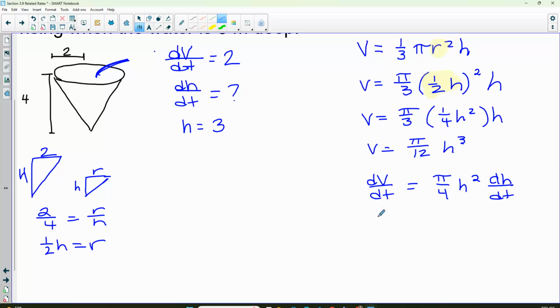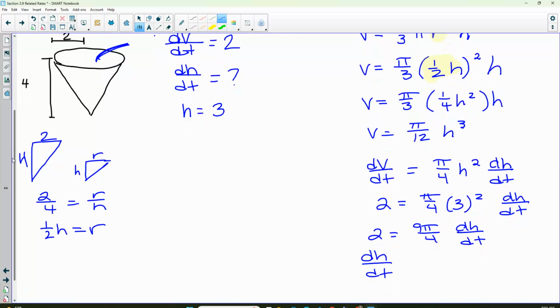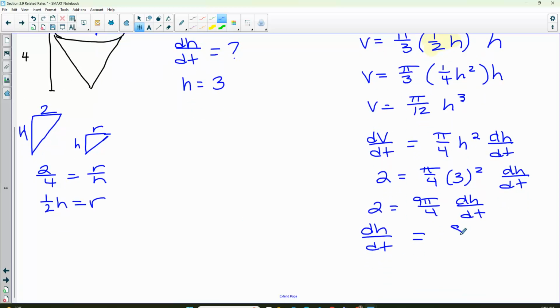So then we plug in: dV/dt was 2, h is 3, and so if I multiply by my reciprocal, I get 8/9 pi. Units: my height was in meters, my time was in minutes.